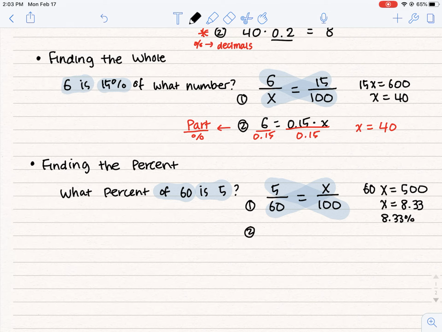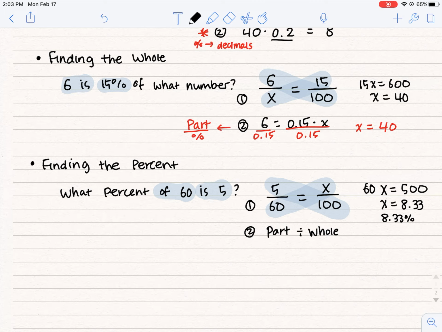Now, like I said, if you want to just find it using decimals, or better yet, you can just divide 5. So part divided by whole. You can do that.